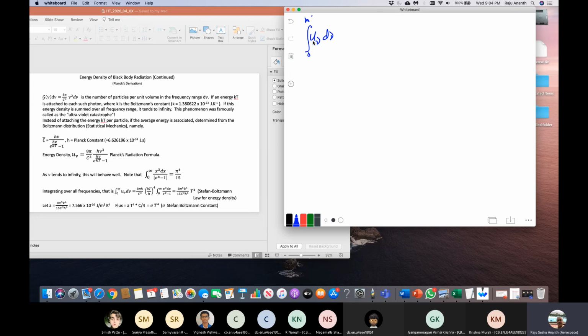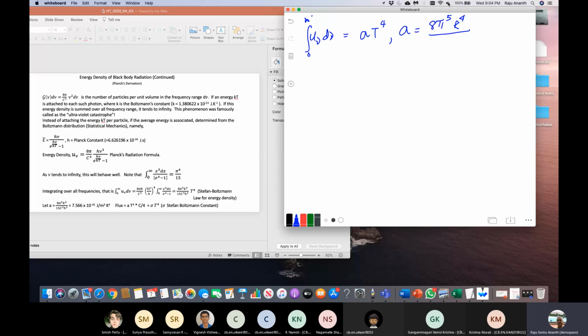This was the density, and we got this is equal to a T to the power of 4, where a is 8 pi^5 k^4 divided by 15 c^3 h^3, k is Boltzmann's constant.